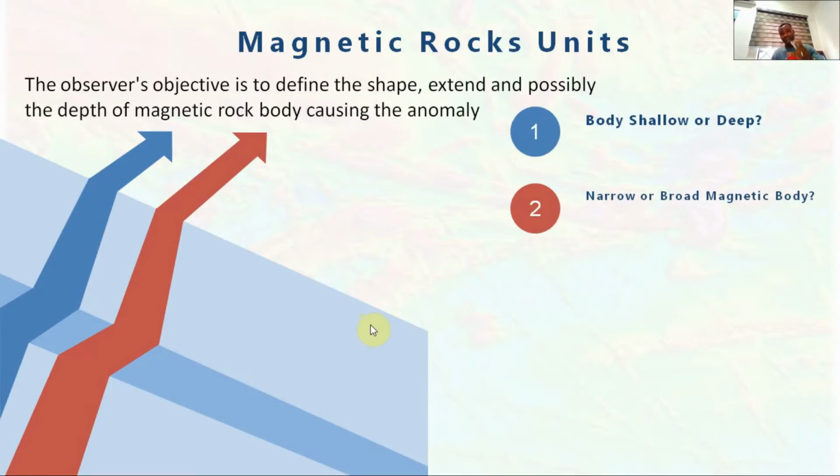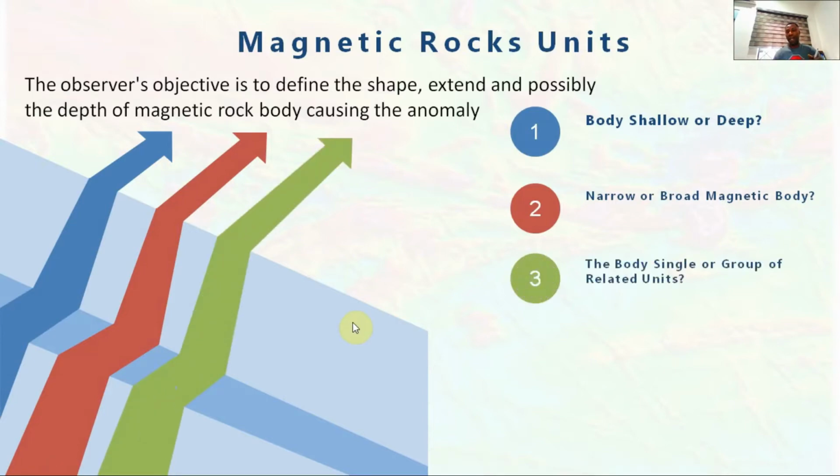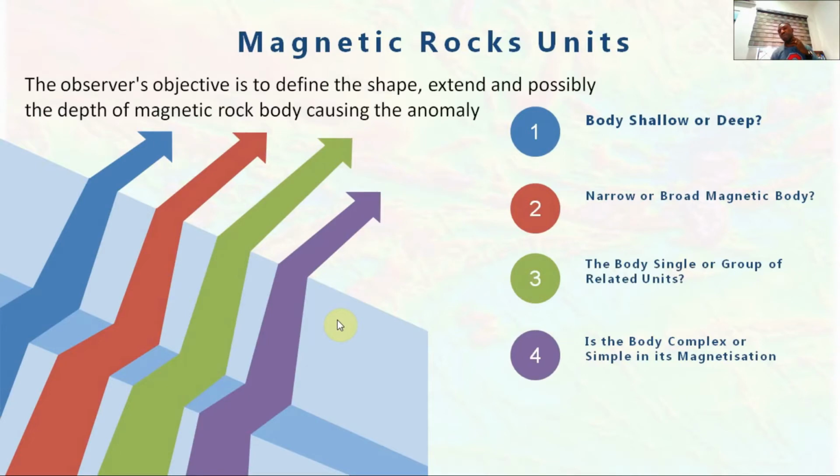If it is narrow, what could be giving this kind of narrow magnetic signature? Is it a sill or a dike? Third, we need to understand these magnetic anomalies: is this body single or a group of related units? And the fourth one we need to understand is, is this body complex?